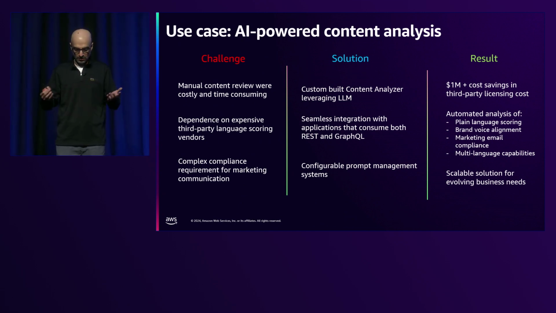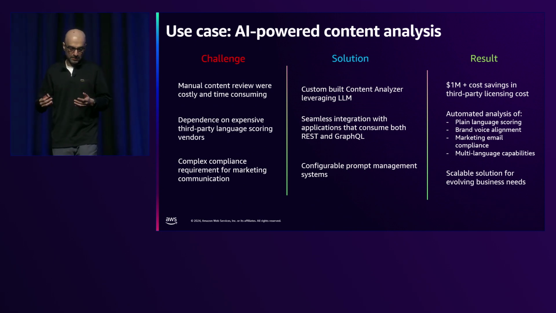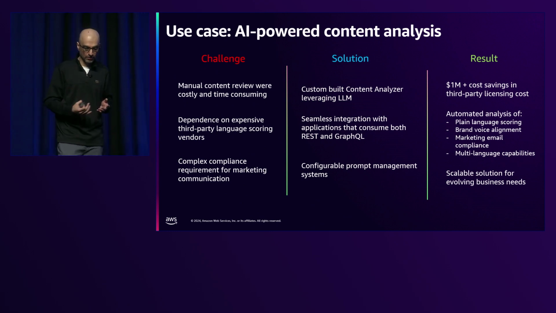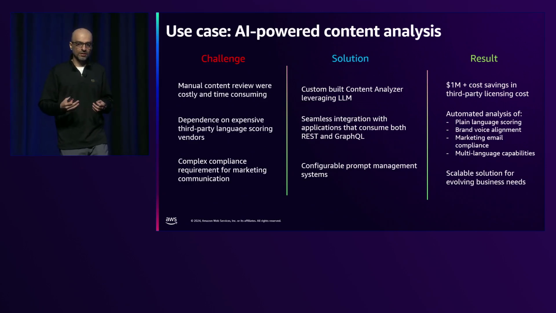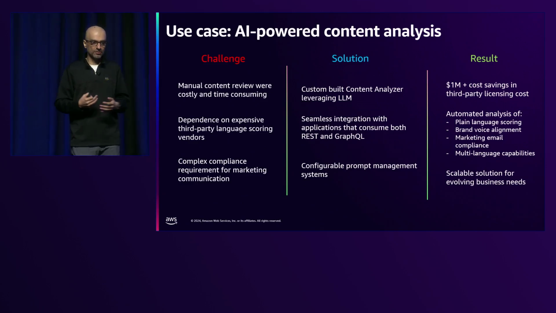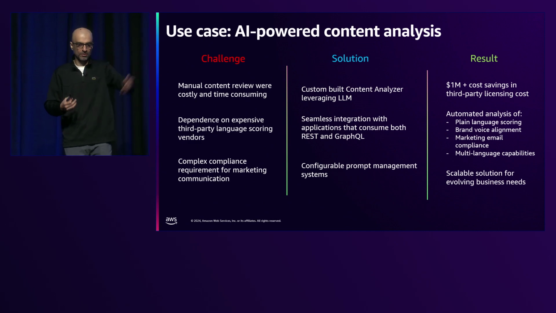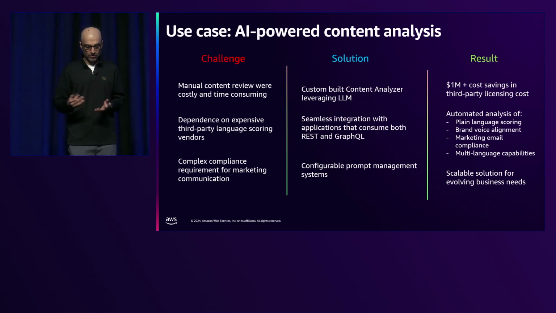Customer significant cost savings, but the real value was around automated analysis of language. You could do language scoring. You can do brand voice analysis. Imagine it's amazing for marketing folks who want to follow a certain set of guidelines before the communication goes out, right? So all of this is doable.